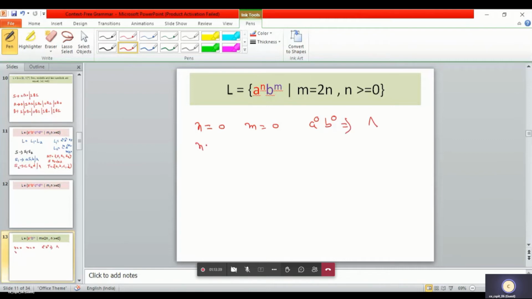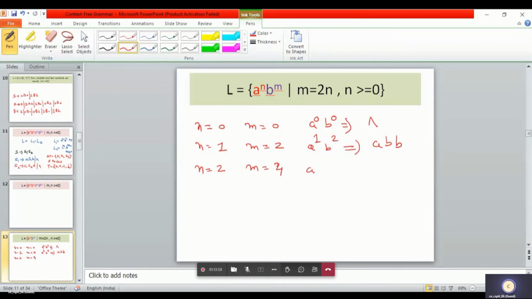Now when N is equal to 1, M will be equal to 2. So it will give us A raised to 1, B raised to 2, which will give us the pattern A double B. When N is equal to 2, M is equal to 4.